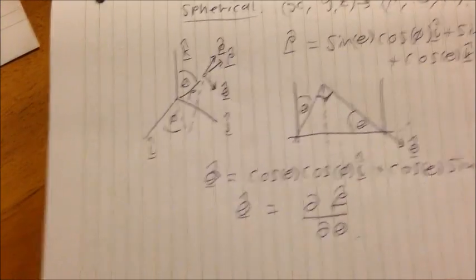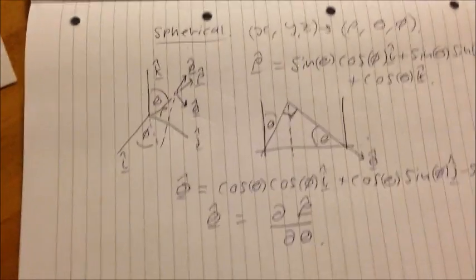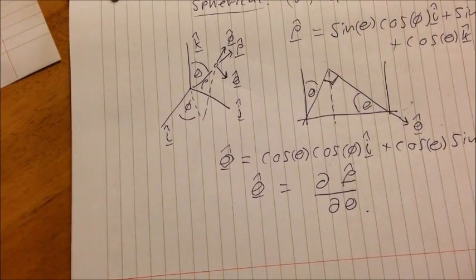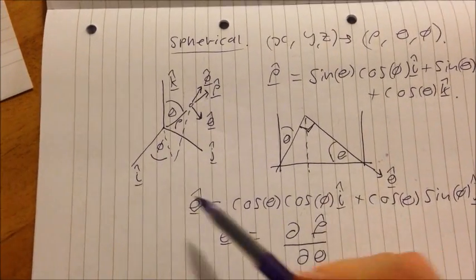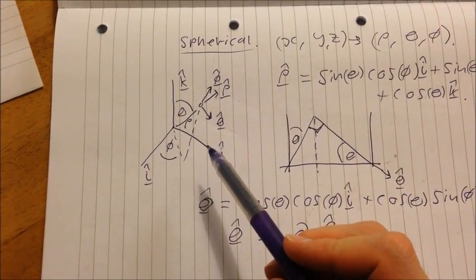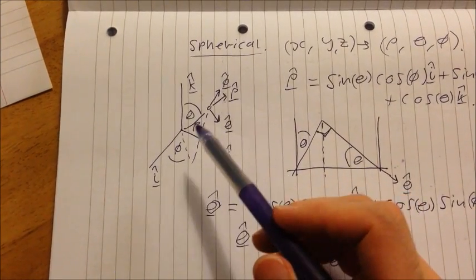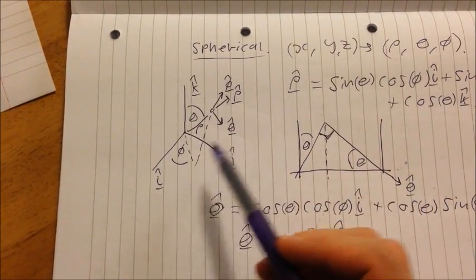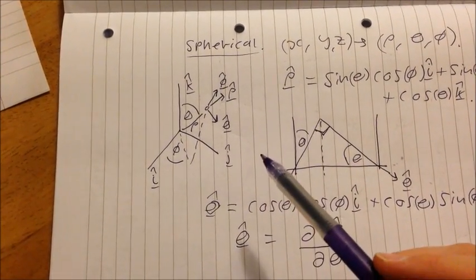So for the phi hat unit vector, it's in the ij plane. Yeah, it's parallel to the ij plane, so it has no k hat component.